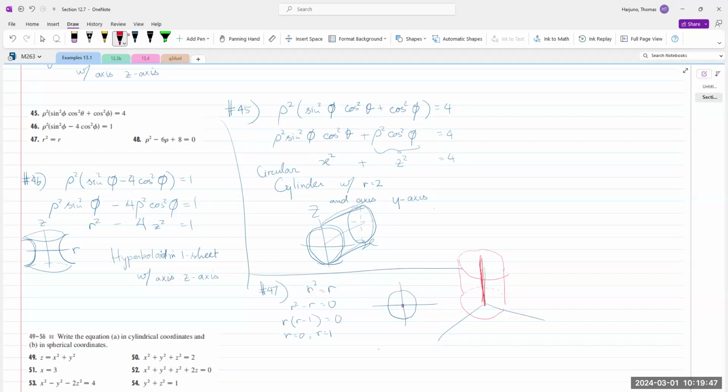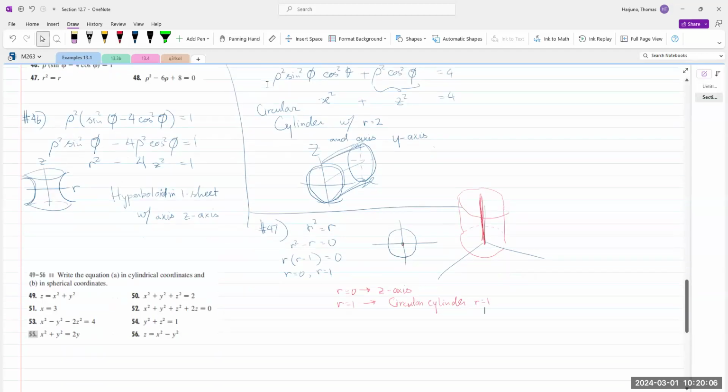So we have the z-axis, that's for r equals 0, and then r equals 1 gives us a circular cylinder with radius 1 with axis z-axis.